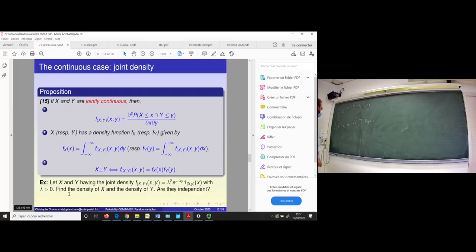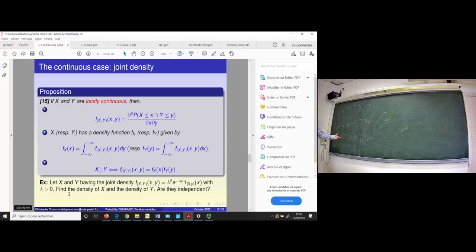Okay? And it remains an integral between 0 and y. And I compute this integral. And what is the integral? Just y. Okay? So I see lambda square y exponential minus lambda y indicator function y positive.